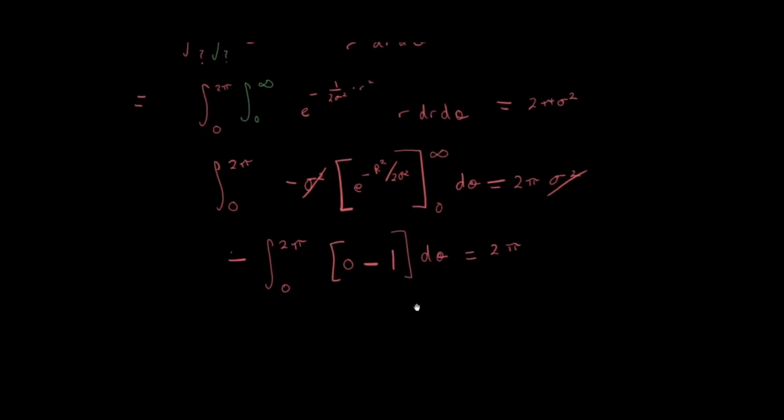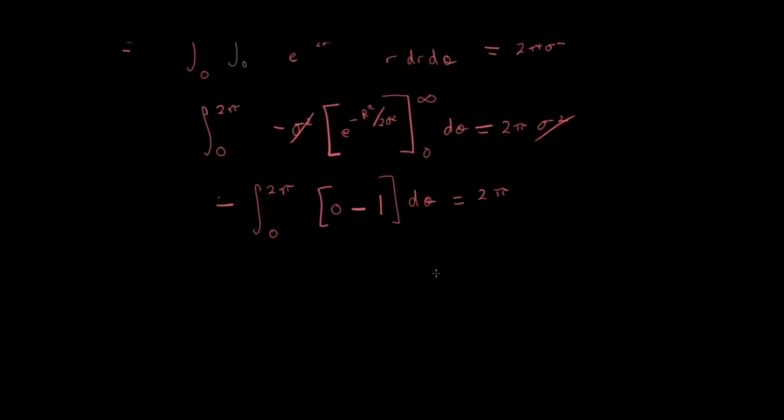Now we're finally getting close to the end of this integral, so thank you for bearing with me. If we evaluate this, the stuff in the square brackets is just -1, and there's a negative out front, so that simplifies down to just +1.